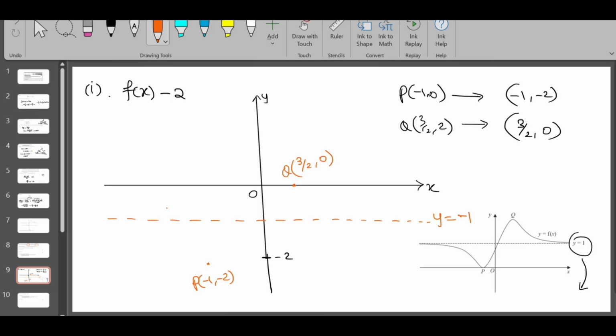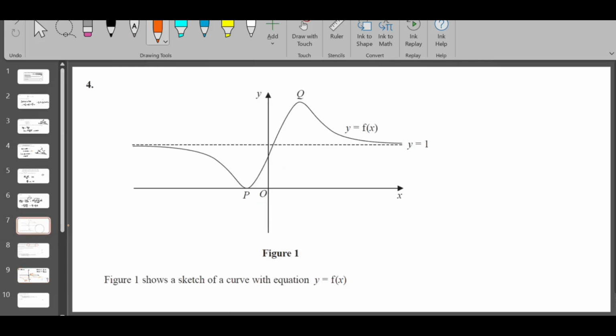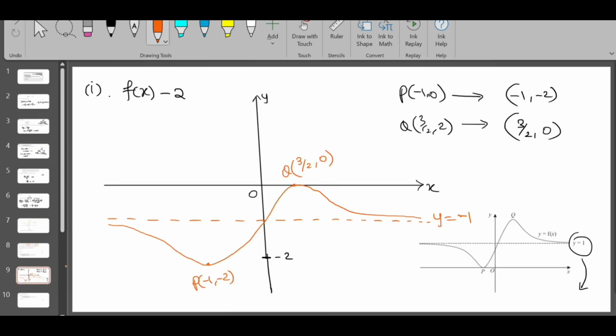So we just need to draw this graph. We don't know the y-intercept, so do not worry about it. Look at the graph. The y-intercept is not given, so do not worry about it. As long as you mention the equation of the asymptote and these 2 points and the correct shape of the graph, you'll be given full marks.